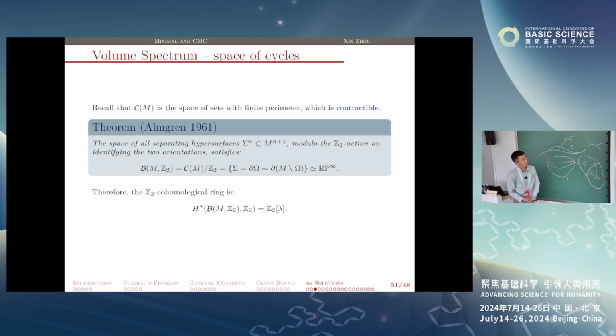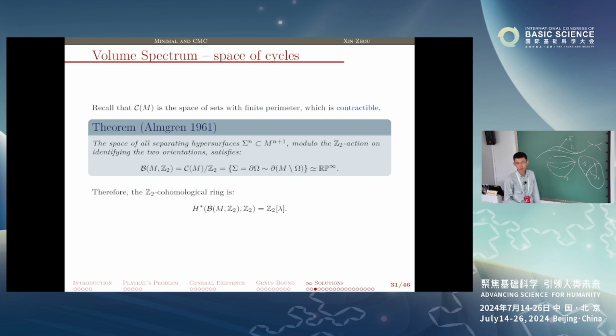If you mod out the Z2 action, sometimes people call these mod 2 currents. I'm now calling them Z2 boundaries. So every hypersurface is a boundary, but I put the Z2 coefficients to ignore the orientation. So this space of hypersurfaces under this equivalence relation is weakly homotopic to RP infinity.